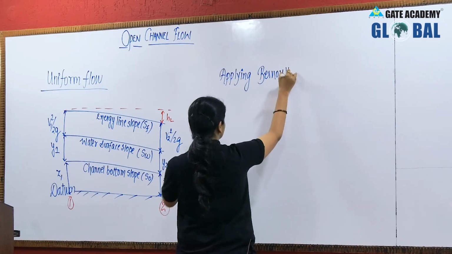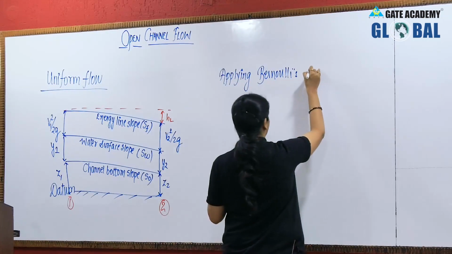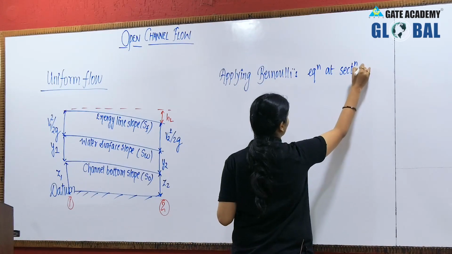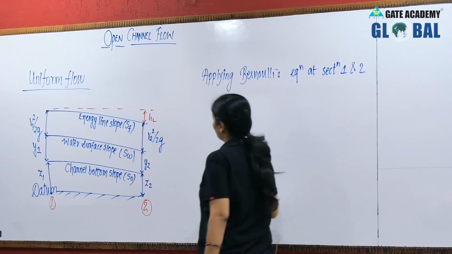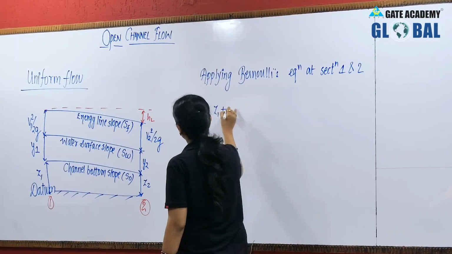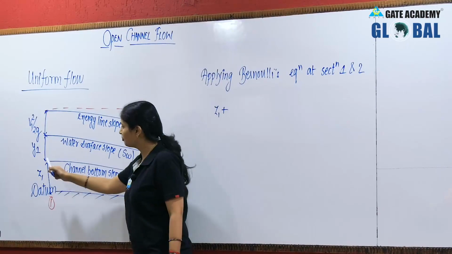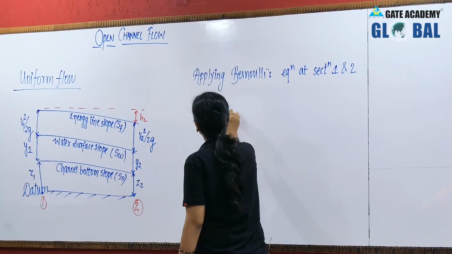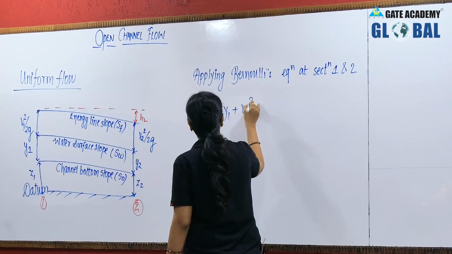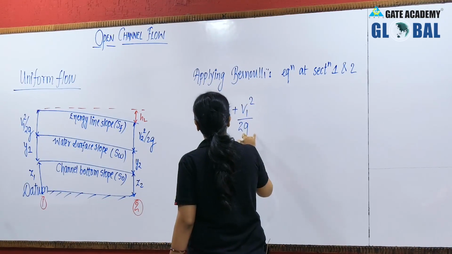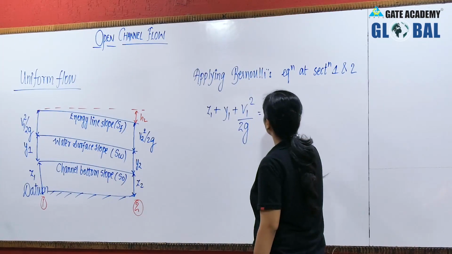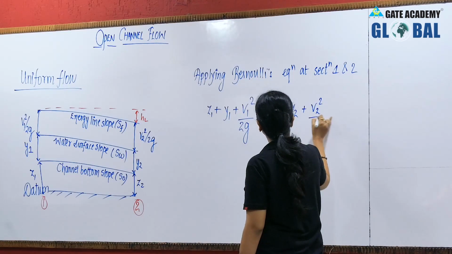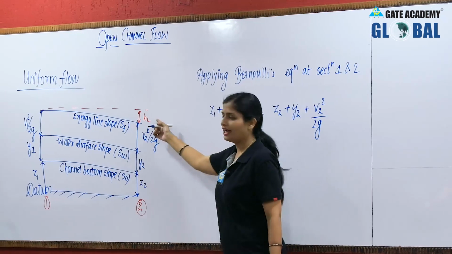At section 1, the sum of all the heads, that is the potential head, pressure head and kinetic head, Z1 plus Y1 plus V1 square by 2g, is equal to Z2 plus Y2 plus V2 square by 2g plus head loss.